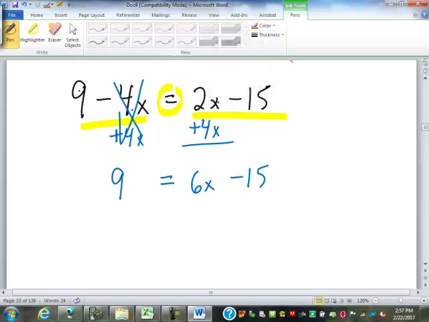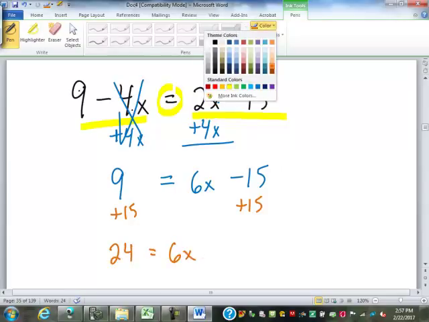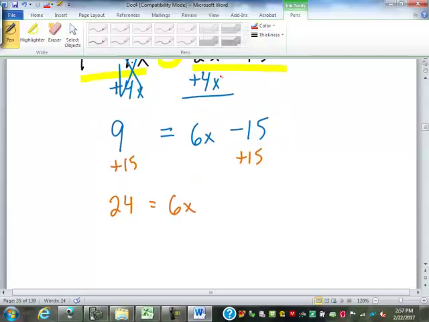So now what do we do? Add 15. So 9 plus 15 is 24 equals 6x. Then what? We divide by 6. So 4 equals x.